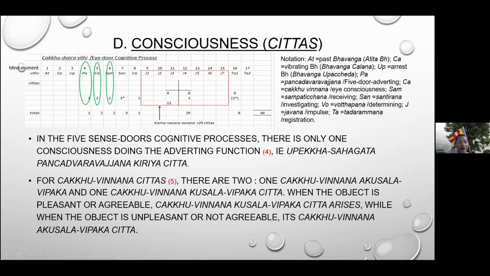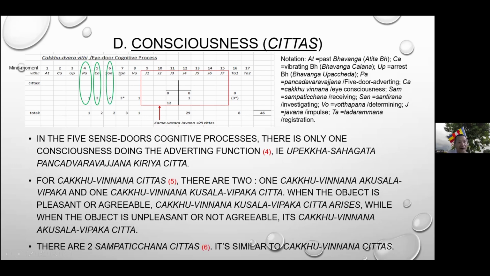Then next, we go to the Sampaticchana. There are also 2 Sampaticchana cittas. It is similar to Cakkhu-vinnana citta: if the object is pleasant, then the Sampaticchana will be from the Kusala Vipaka. And if the object is unpleasant or not agreeable, then the Sampaticchana will be from the Akusala Vipaka.